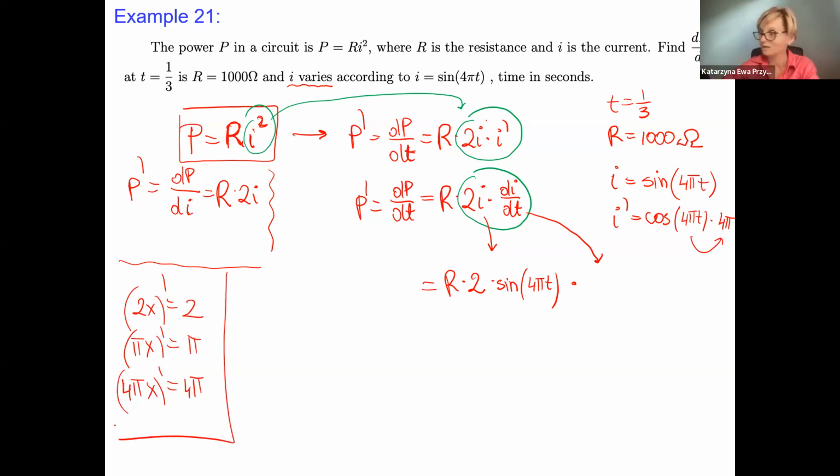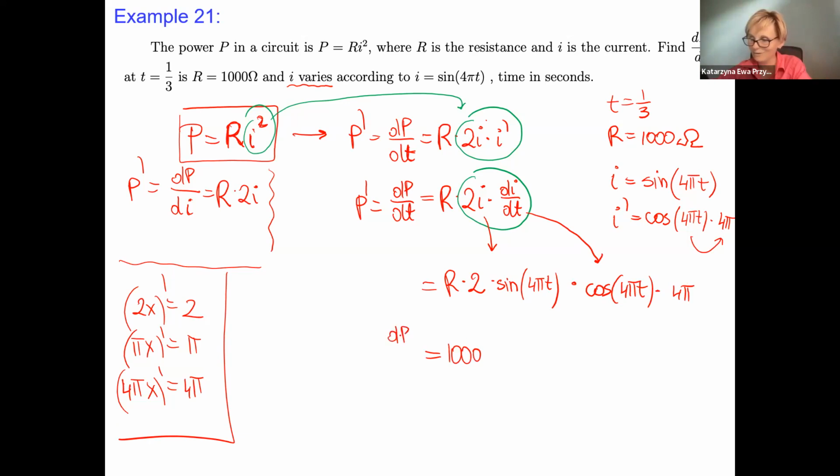Our x is t, okay? That means times 4 pi. The derivative is cosine of the same inner function, 4 pi t, times 4 pi, the derivative of the innermost function. That's the finished problem. Now we can substitute values.